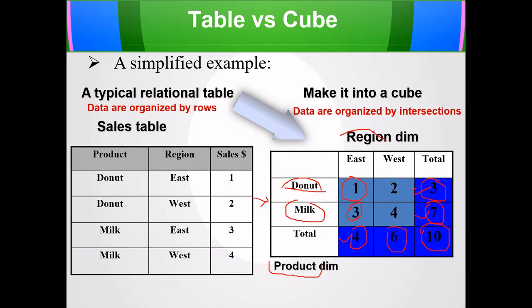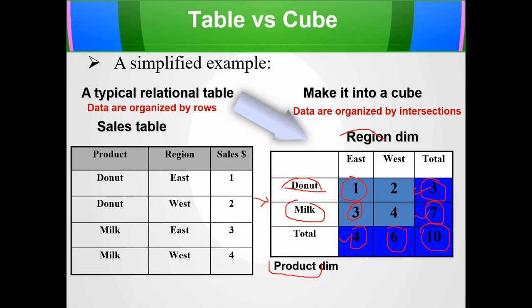So here we are storing the summarized data, aggregate data. This one indicates, for the East region, what is the total sale for the donut product, right? Total sale in the East region for the donut product. Similarly, this is the total sale of the milk product in the East region.